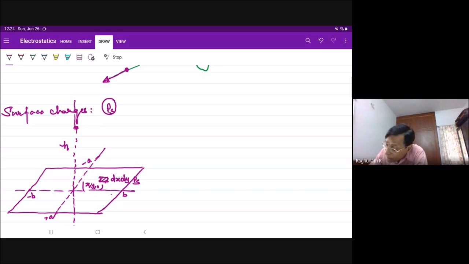The radius vector from a general point on the surface to the point of interest is, because the coordinates are 0, 0, h, final coordinate 0 minus initial coordinate x: minus x ax minus y ay plus h az.